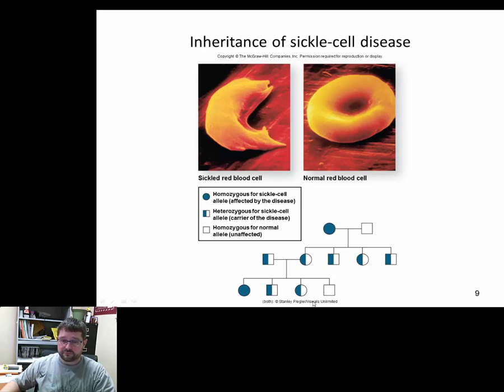Here's a pedigree for it. Now, I told you before that when reading pedigrees, make sure that you have multiple lines of individuals. This is grandparents, parents, children. That's not enough, because looking at this, you might say, well, circles are females, squares are males, you might say this is a sex-linked disorder.